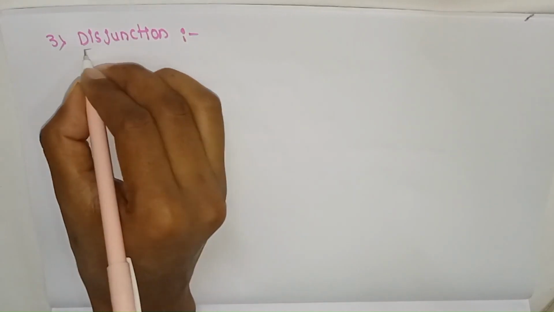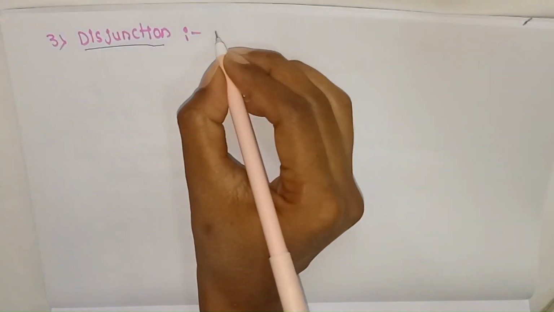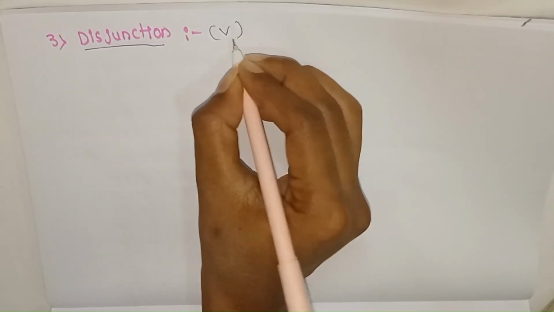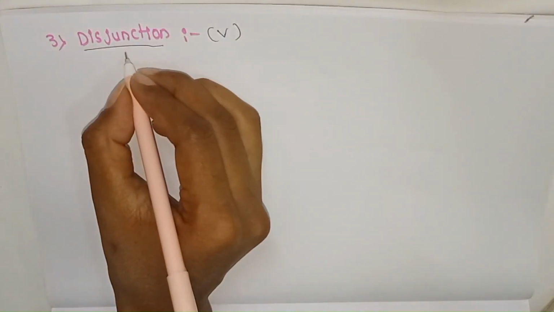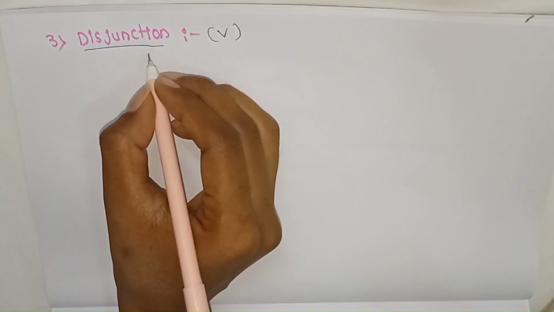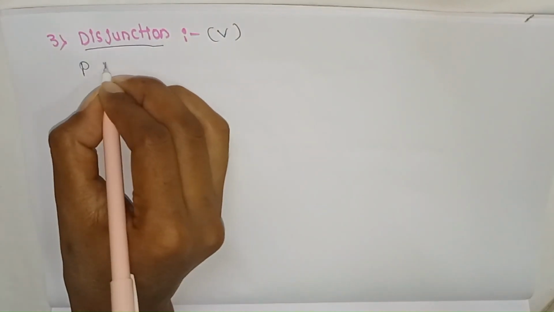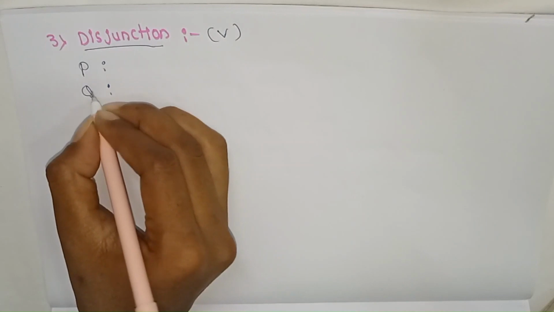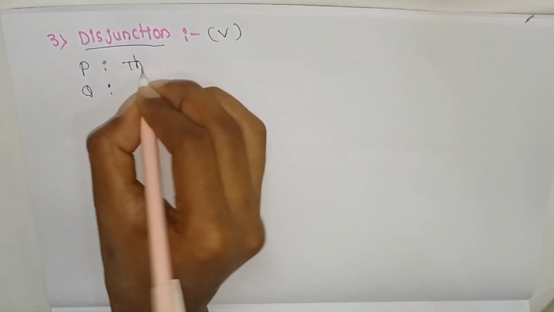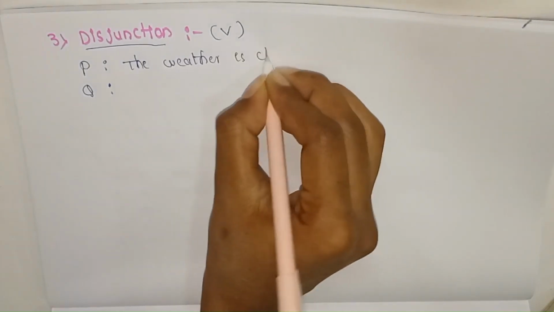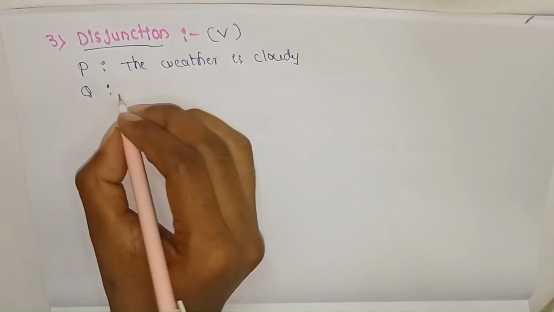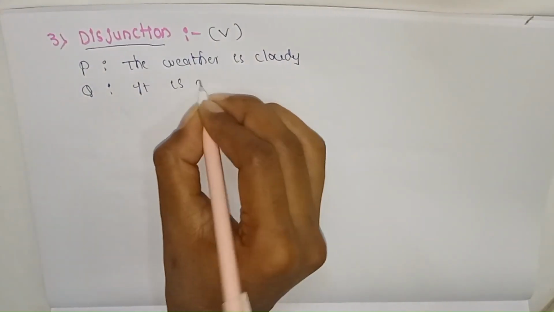So the third one is disjunction. Disjunction is denoted by the or symbol. Let us understand what the disjunction is. Consider the same example P and Q. These are the two statements: the weather is cloudy and the second statement is it is raining.